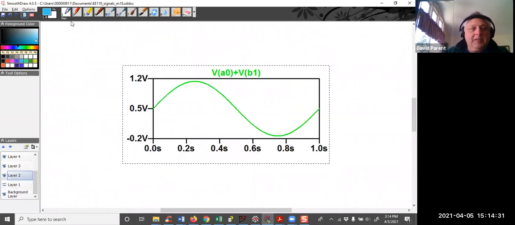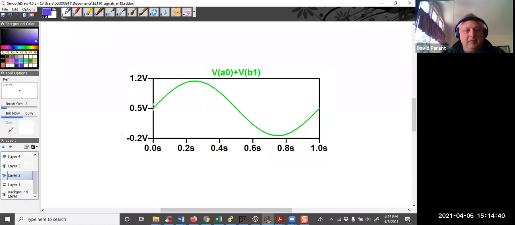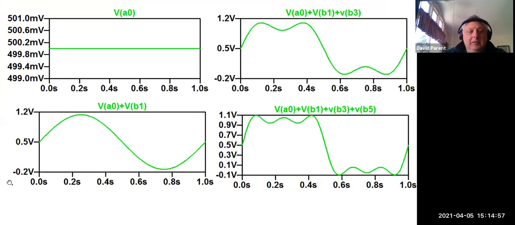So remember, the original waveform that we wanted, that we're saying we can build up, is this square wave, and we can see that there's an error there. So let's add another term.